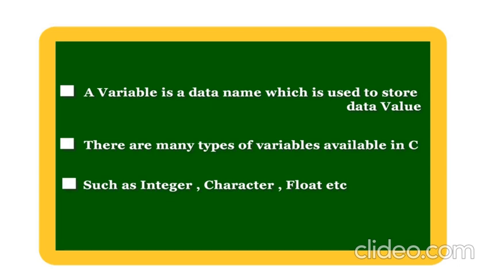Character is used to store a character value, and when you want to store floating point values inside your program, at that moment you have to use the float variable.